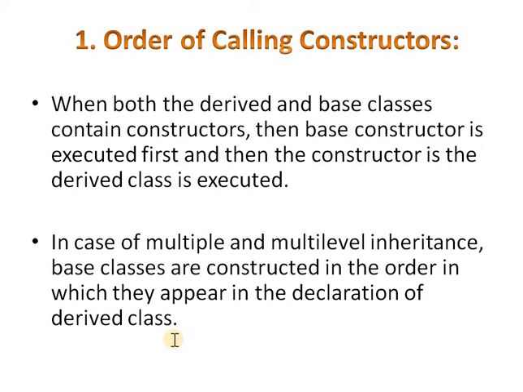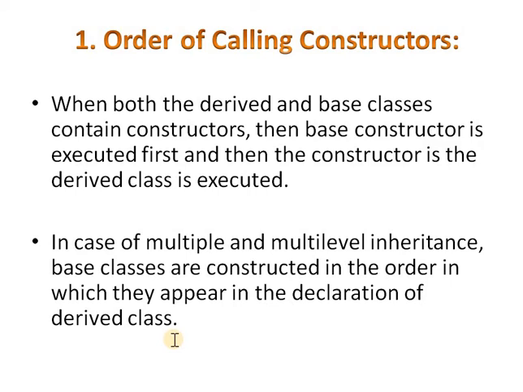This is the order of calling constructors. That means when we call a constructor in inheritance, the base class constructor will be executed first, and then the constructor of the derived class will be executed.